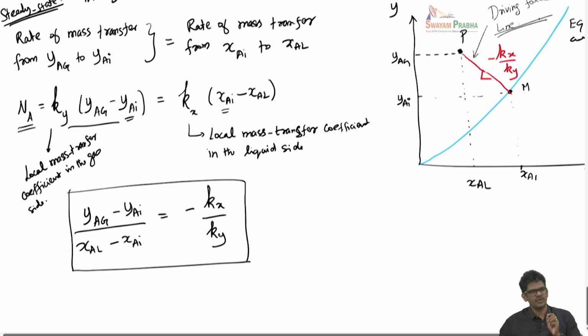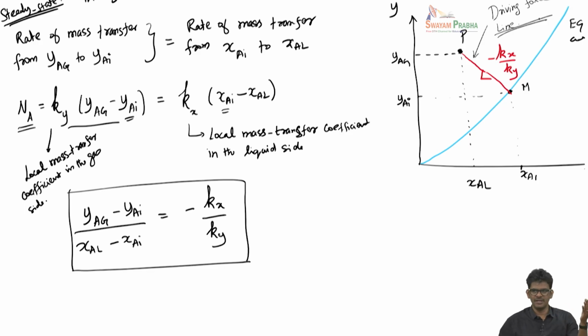We already talked about the equilibrium line. Now I am introducing another terminology called the driving force line, which tells you that if you are in a non-equilibrium state and you are trying to approach equilibrium, the path with which the concentration will reach the equilibrium value is given by this driving force line.